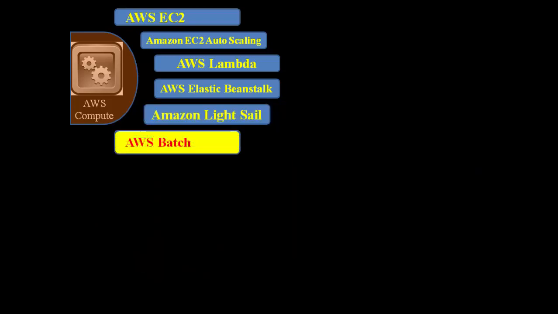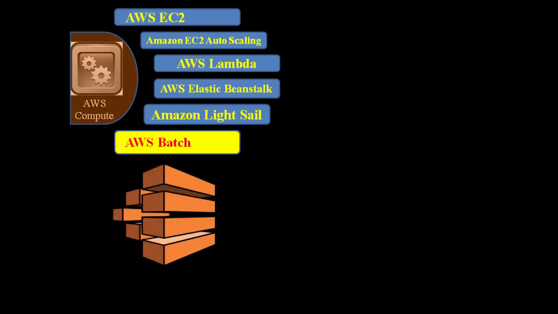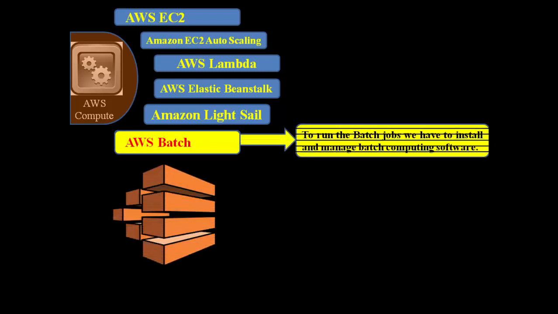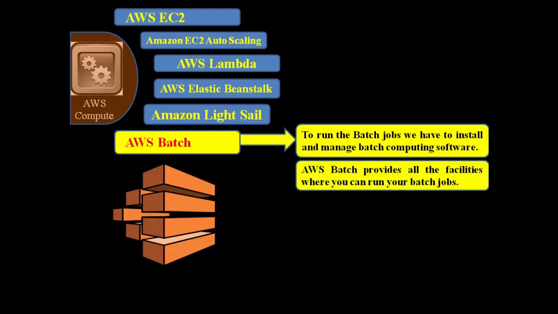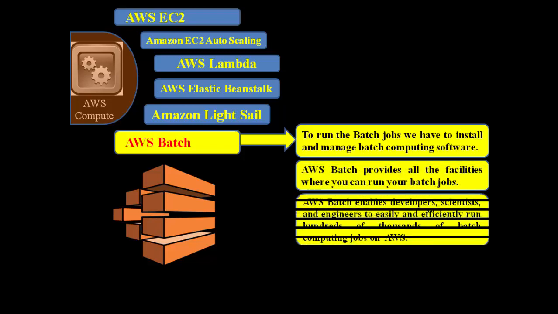Now last service, that is our AWS Batch. AWS Batch is also one of the best services provided by AWS, where we can run our batch jobs. As you know, to run the batch job, we have to install and manage batch computing software. But AWS Batch provides all the facilities where you can run your batch jobs.